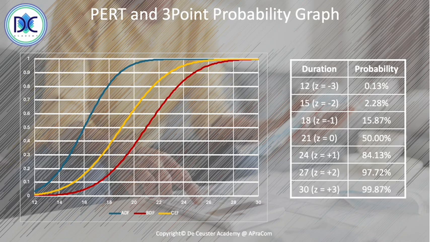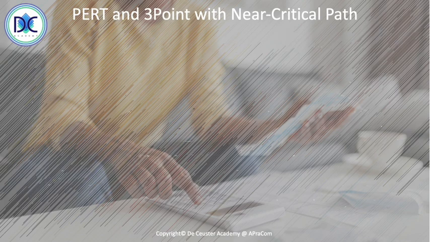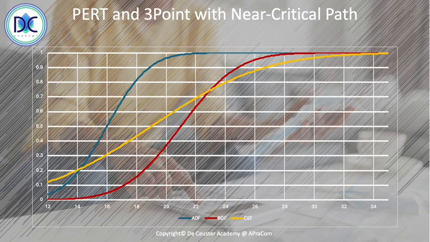But when we look at the near critical path, what can happen is that the standard deviation can change. And when the standard deviation becomes larger than the standard deviation of the critical path, that probability curve goes flat. And you see that from approximately 23 periods, the critical path is not determined by BDF, but is CEF.